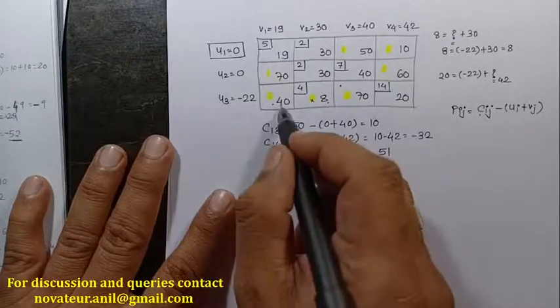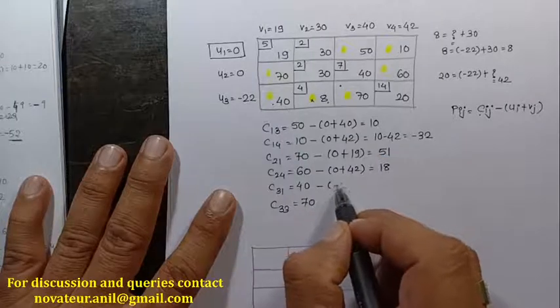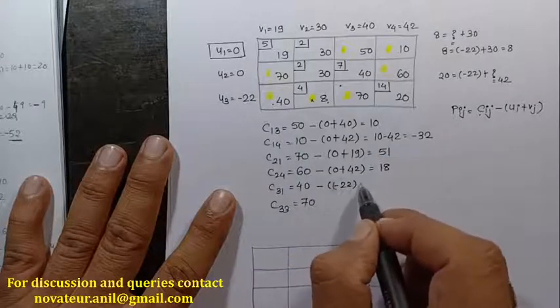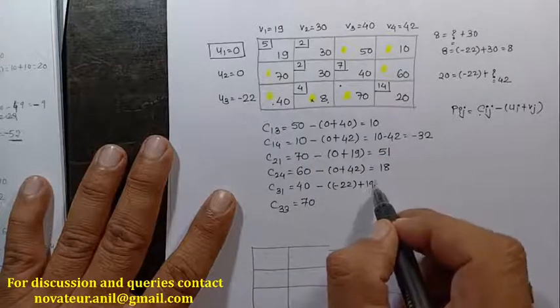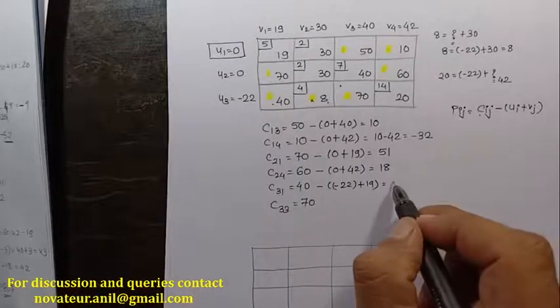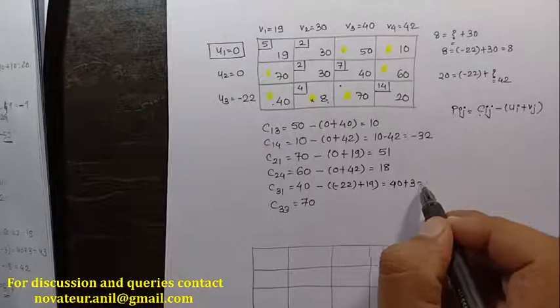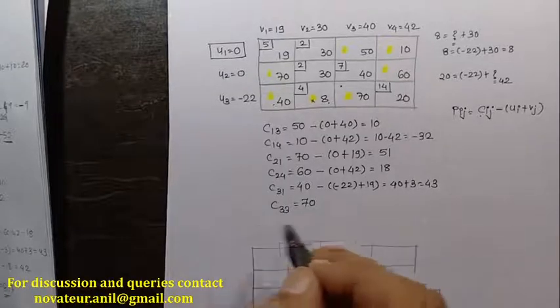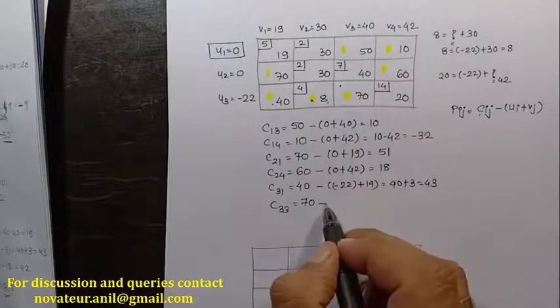Again 40, the u value is minus 22, I am putting a bracket here, plus 19, so this is nothing but 40 plus 3, so this is nothing but 43. For here 70, what is the u value?